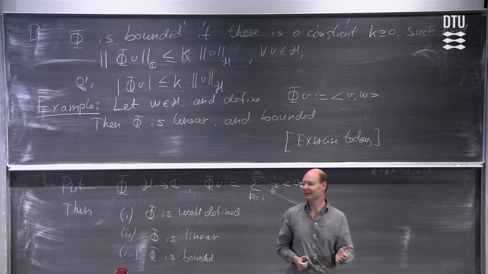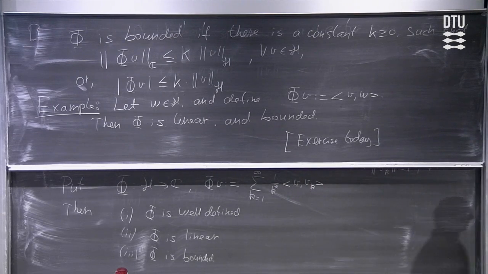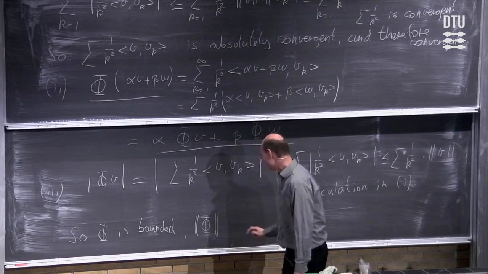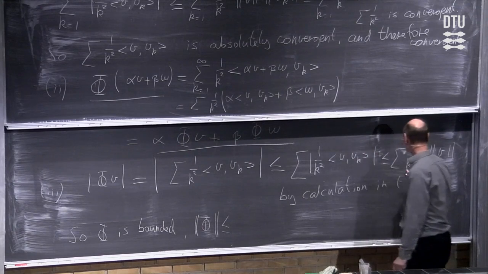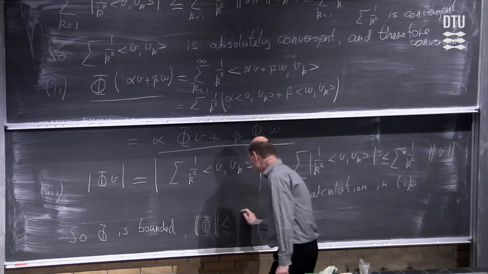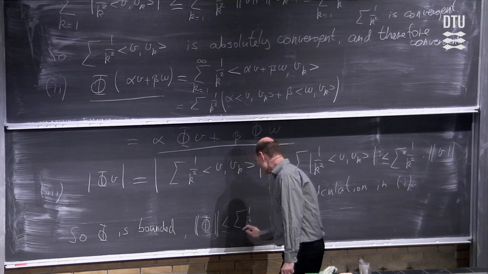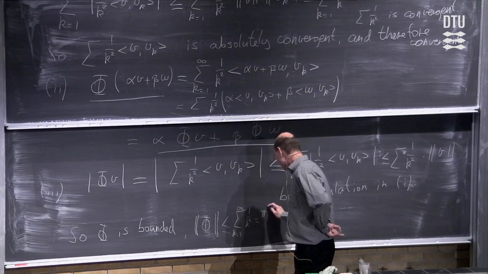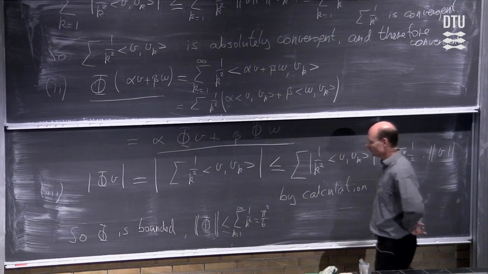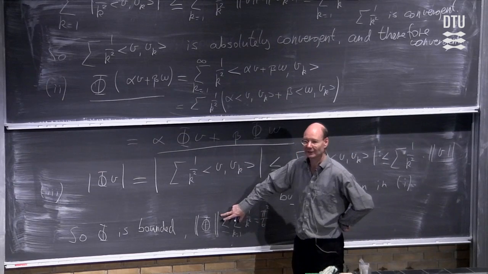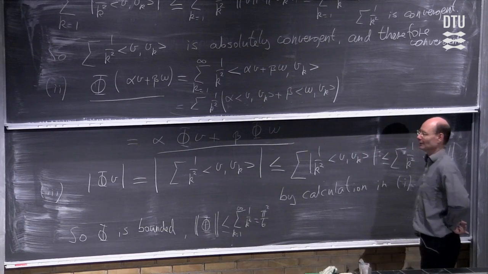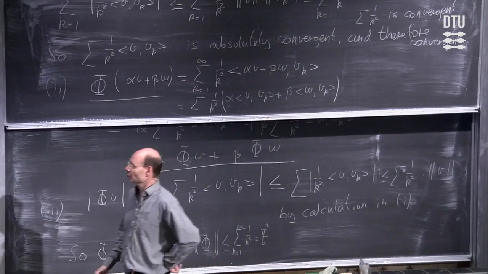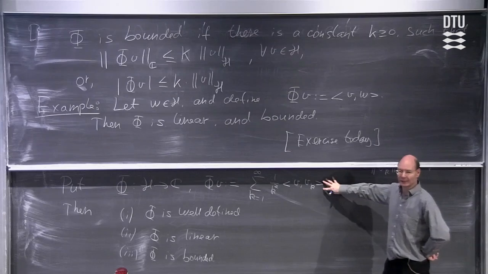So there could maybe be a smaller constant to put in. So what we know at the end is that the norm of phi is smaller than or equal to the sum, which is a number that we know, so this is pi to the power 2 divided by 6. Nobody asked for that conclusion, but this is actually what comes out of the calculations as well. So this proves in all details that we actually have a bounded linear functional defined by this.